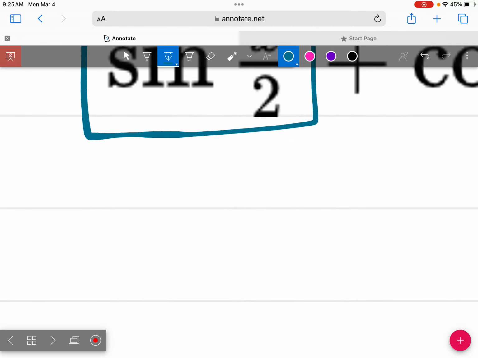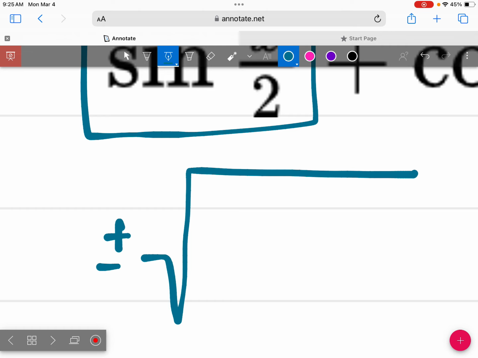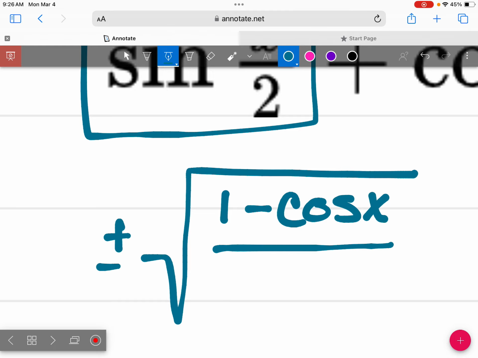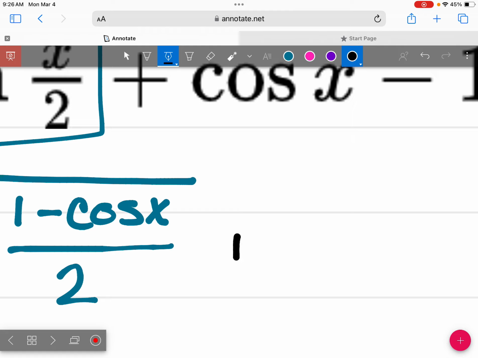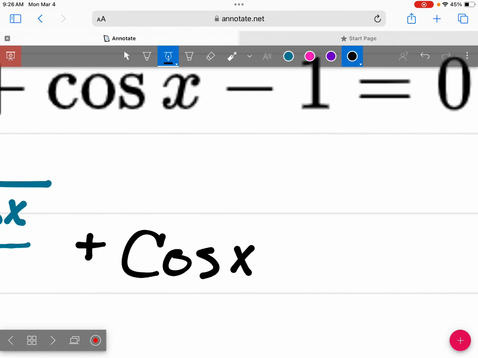We're going to substitute it in. So we're going to put our plus or minus the square root of 1 minus the cosine of x over 2. And everything else is going to come down. Plus cosine of x minus 1 equals 0.